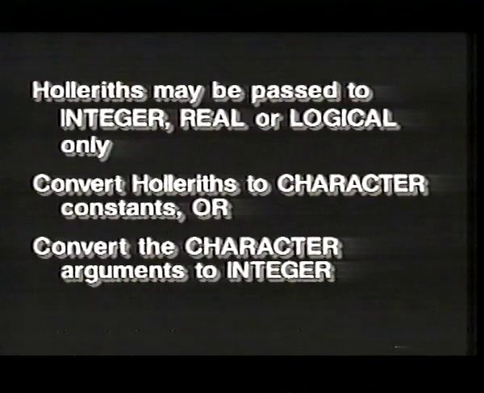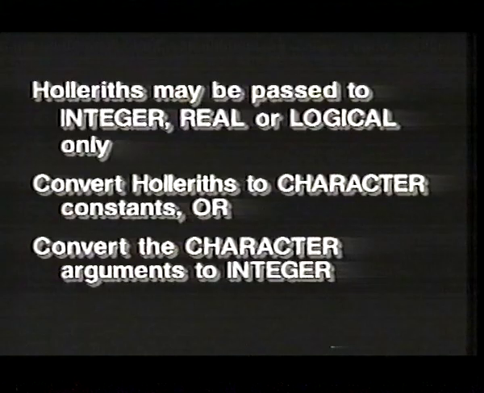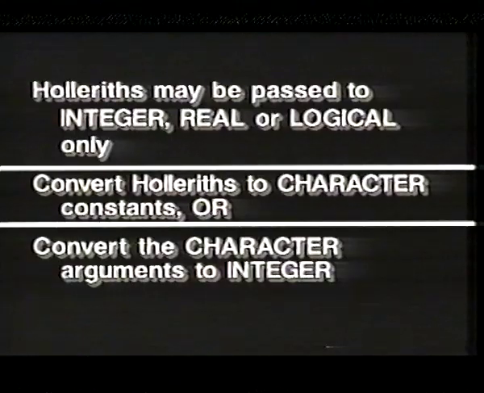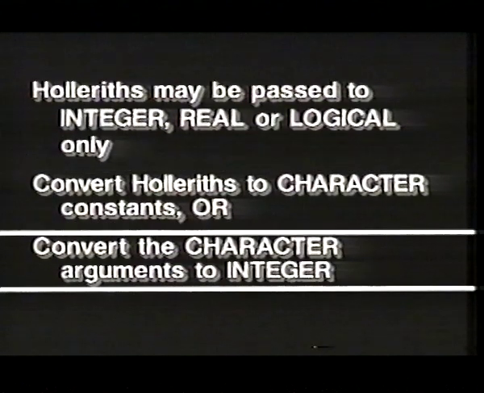Compilers must either pass multiple arguments or special descriptors for character arguments. These are not passed for holorith arguments. This is why the standard doesn't allow this usage. The programmer should make either of these changes: 1, convert the holorith actual arguments to character constants, or 2, convert the character dummy arguments to integer.